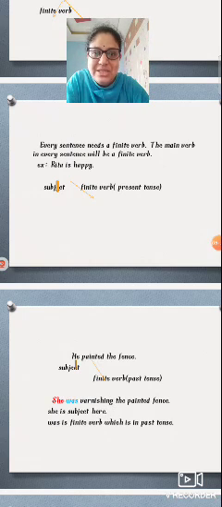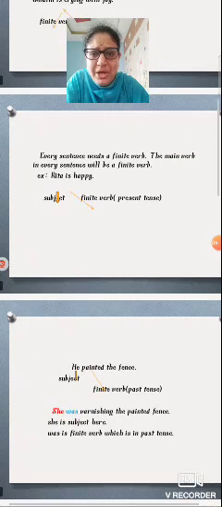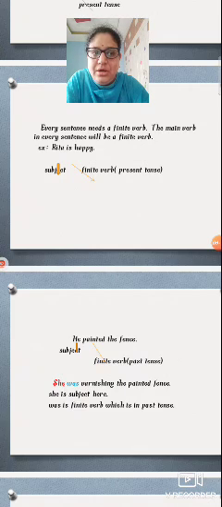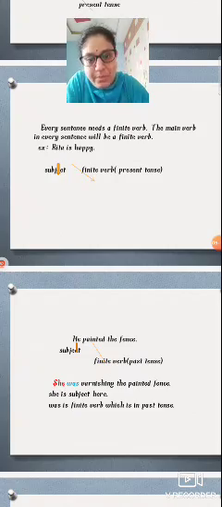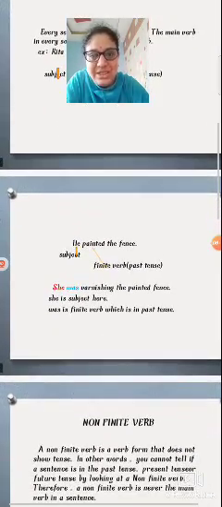Rita is happy, Rita is crying, Rita is laughing, Rita is writing. When you read such statements, you can automatically tell in which tense they are, so it is easy to pick up. So the finite verb is happy, and the sentence is in the present tense.